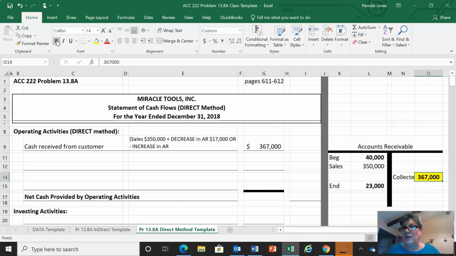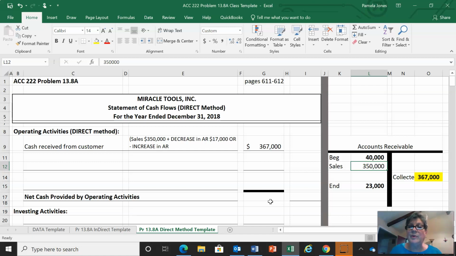So if accounts receivable decrease from the beginning to the end of the period, it's because cash collected from customers was greater than sales on account. So we add that decrease to sales to calculate the amount of cash we receive from customers.